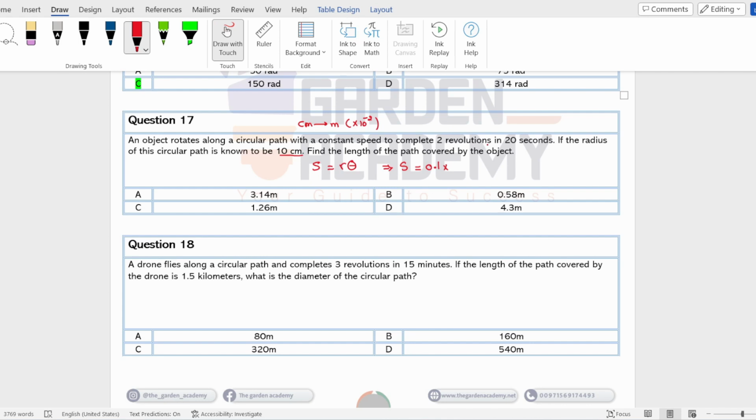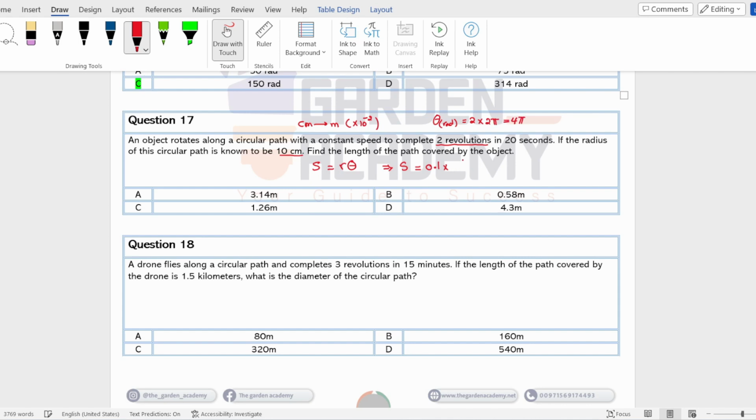Now we have to convert from 2 revolutions to the angle in radians. Why? Because in this formula theta must be in radians. Please remember this information: theta has to be in radians. So when we say 2 revolutions, the angle in radians is equal to the number of revolutions multiplied by 2 pi, which is basically 4 pi.